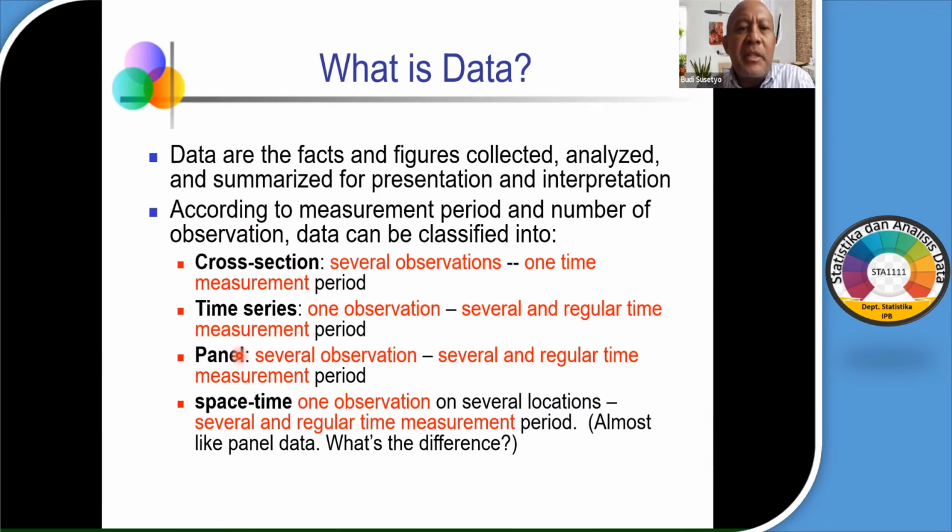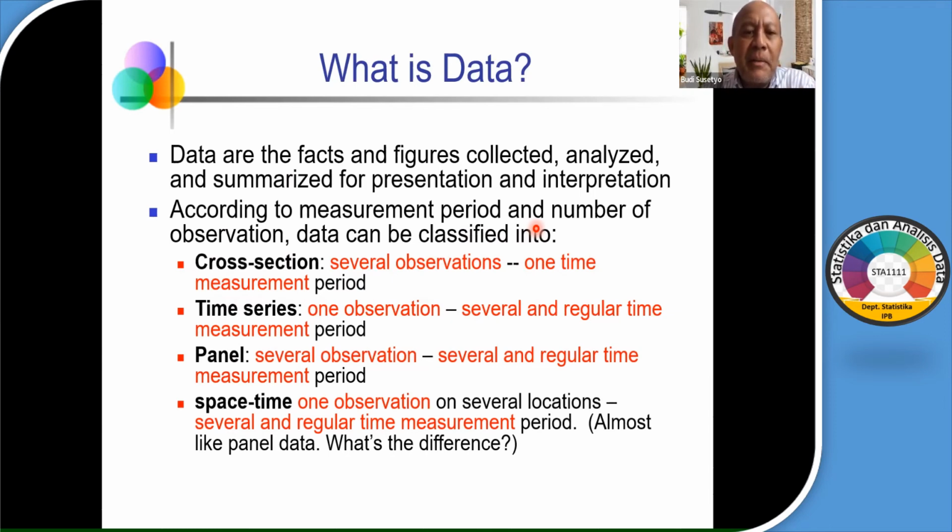What is cross-section data? Cross-section means the observation will be collected in just one measurement period. For example, I collect the data about your weight today, only on January 28. This is your weight.